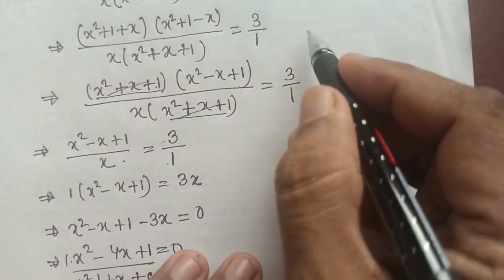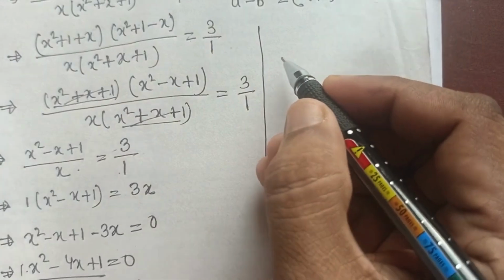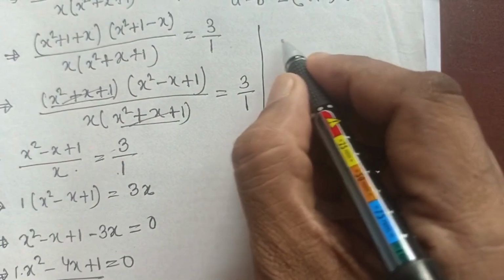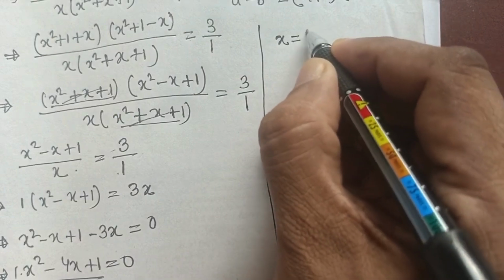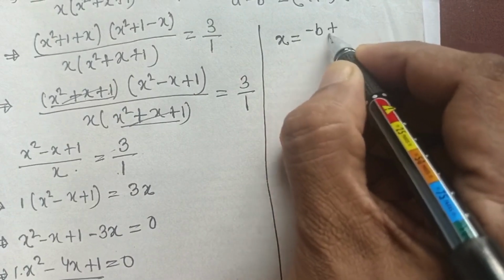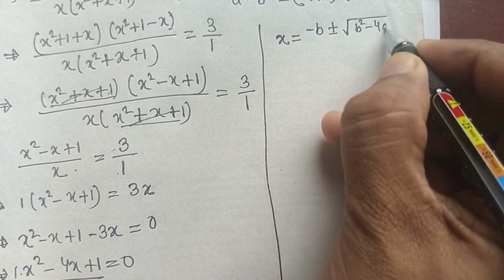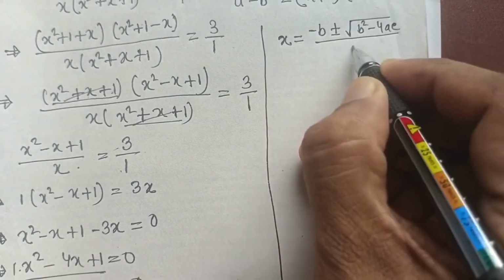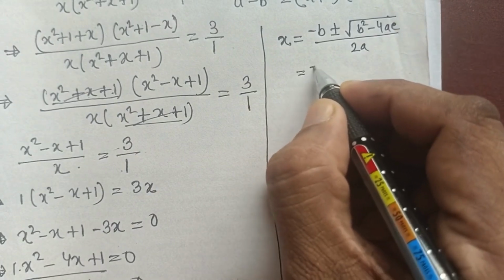Now for a quadratic equation, we get the roots as x = (-b plus minus root of b^2 - 4ac)/2a.